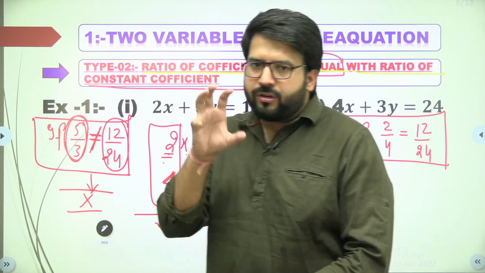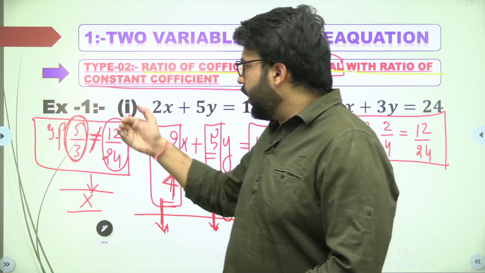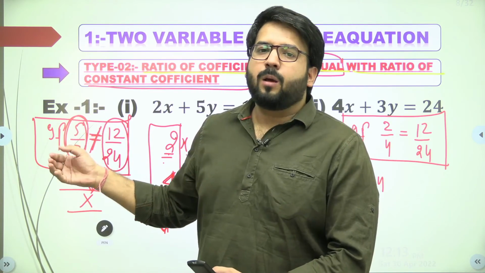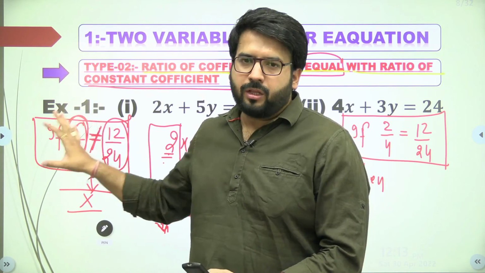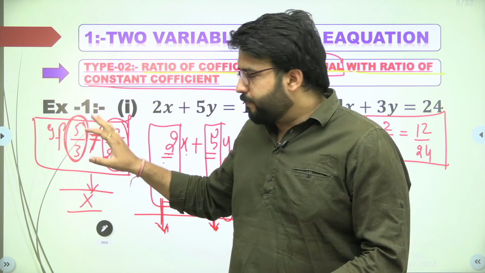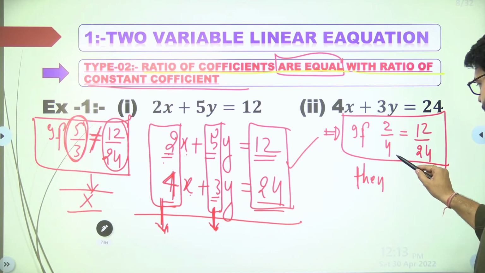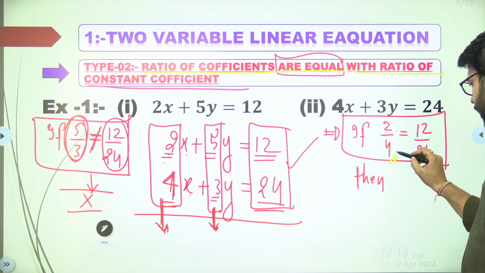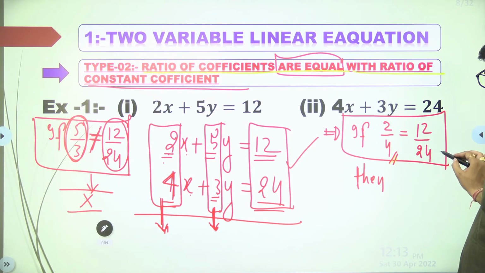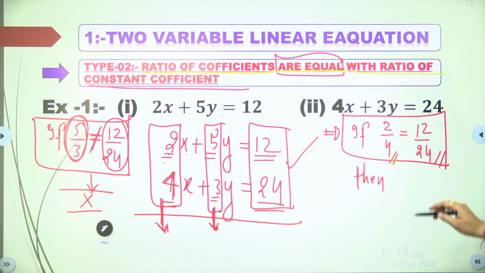Is it clear? But if the coefficient of x is equal to the constant coefficient, then y equals 0.